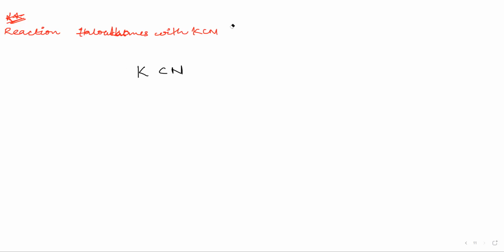Then tell me which will be having positive charge and negative charge. Whatever you think. K will be positive, CN will be negative. C will also be positive. Okay, fine.